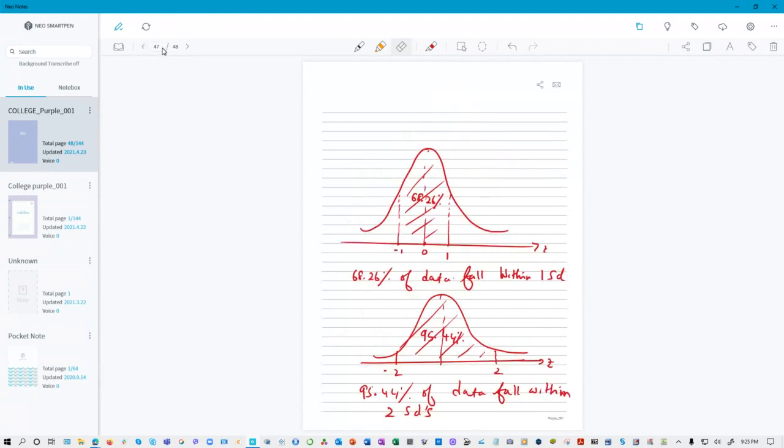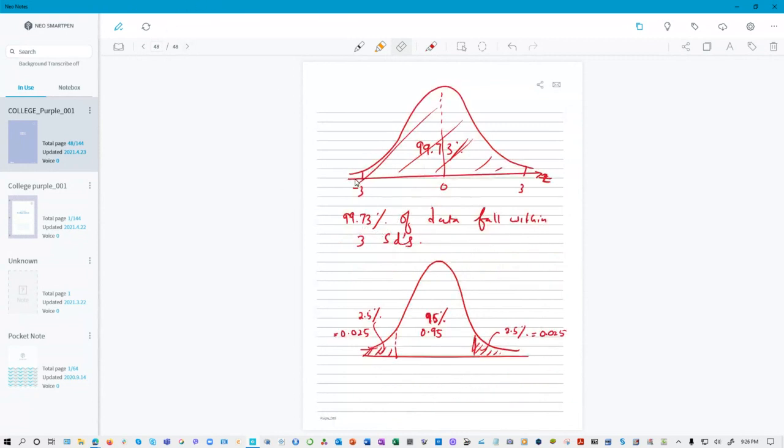From the same thing, within two standard deviations there would be 95%. 95 data points out of 100 are going to be within -2 to 2. And pretty much everything is going to lie between -3 and 3.